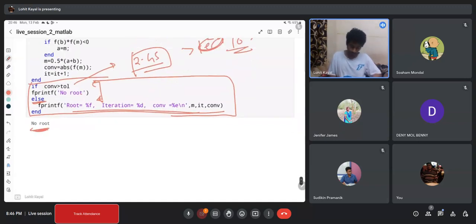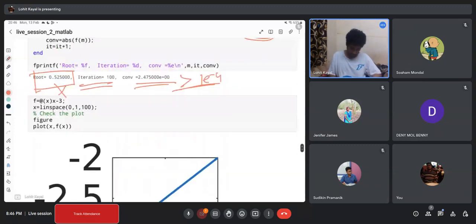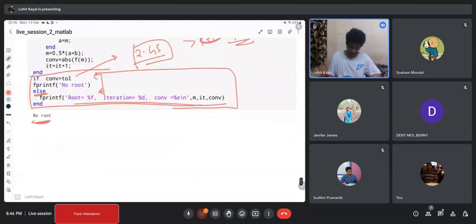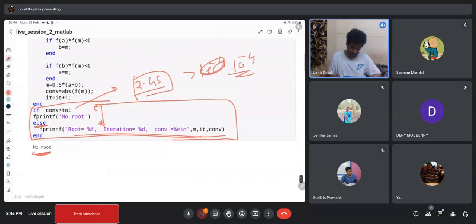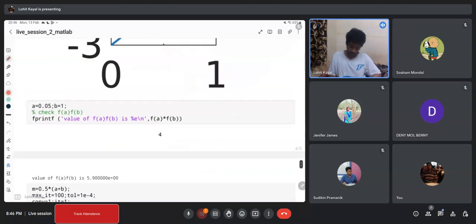Now if you take your initial guess something else, suppose a equal to 1 and b equal to 4, then it will converge very smoothly. Then it will show you the root, the iteration, and the convergence value, just similar to the other two examples.